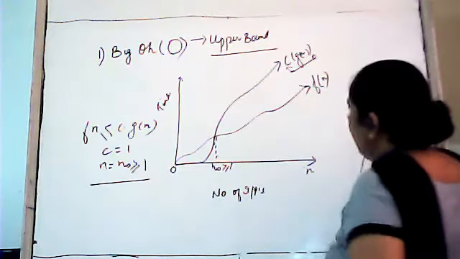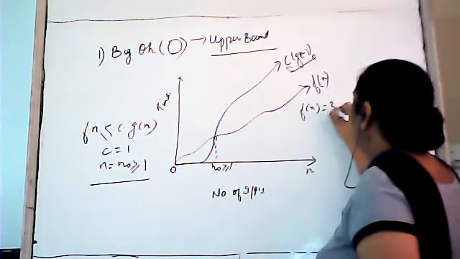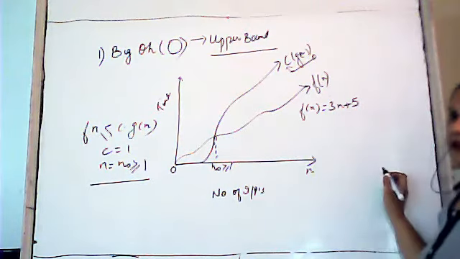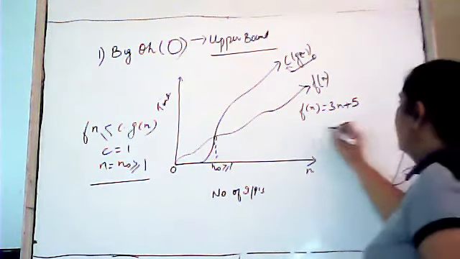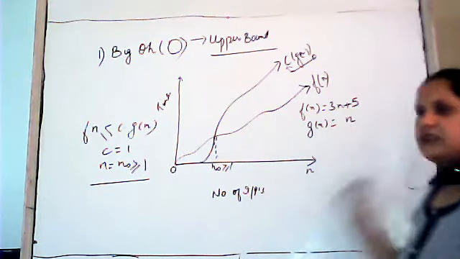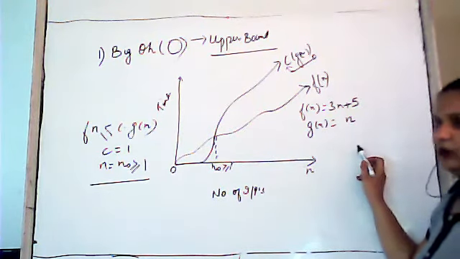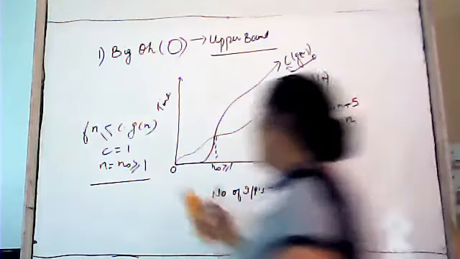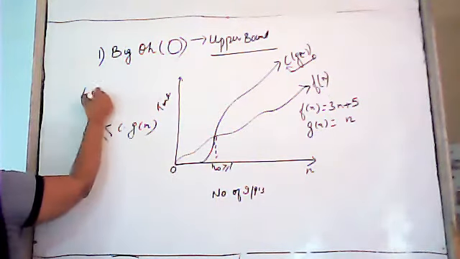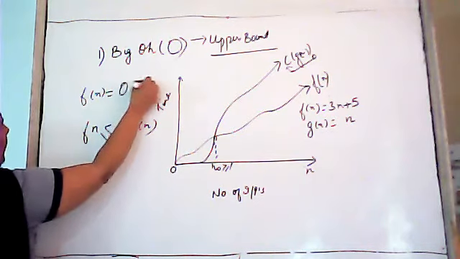So I will take an example. Let me assume that f of n is equal to 3n plus 5 and g of n is n. This is given to me. Now, how will I say f of n is big O of g of n?